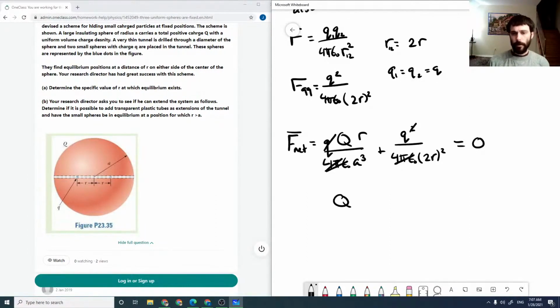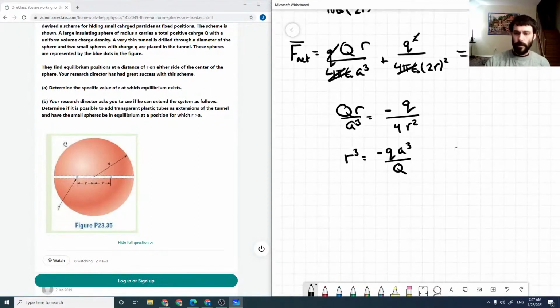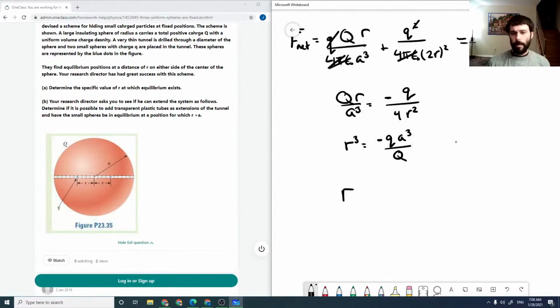So we've got Q r over a cubed is equal to minus q over 4r squared. Now bringing the r's around, r cubed is equal to minus q a cubed over Q. And so r is minus q a cubed over Q to the 1/3.